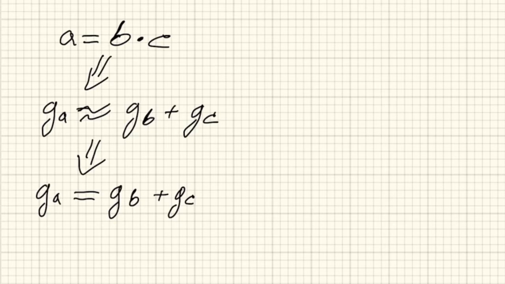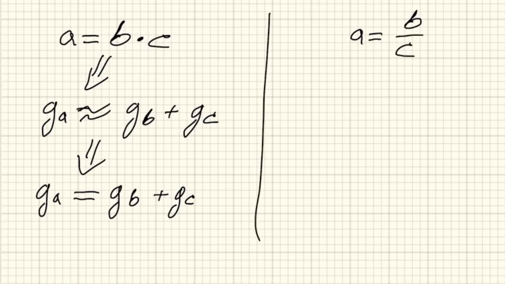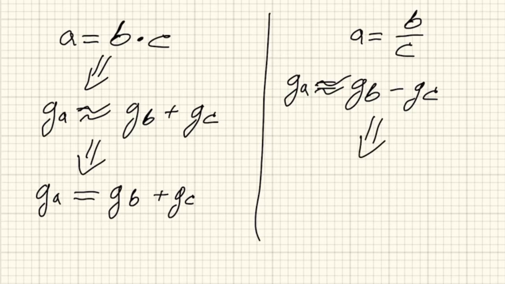Similarly, if A is equal to B divided by C, you essentially can write it out as growth rate of A is approximately equal to growth rate of B minus growth rate of C. For small changes, that will hold true, and thus, for simplicity's sake, we'll write it as an exact relationship.